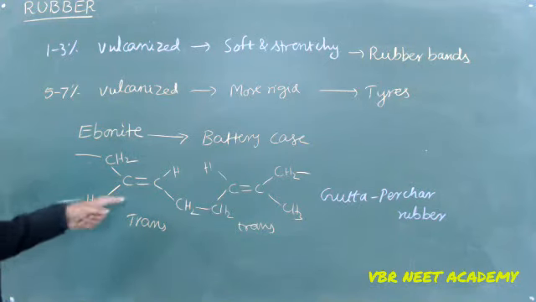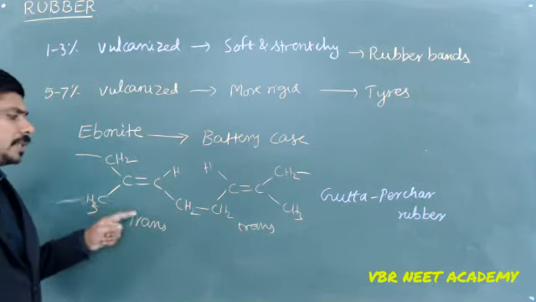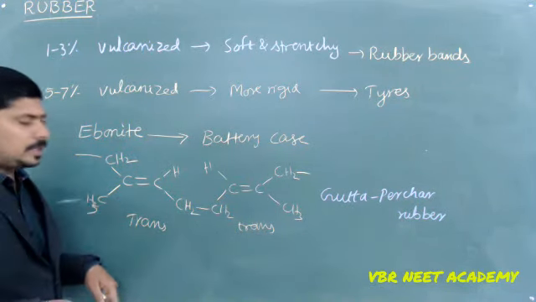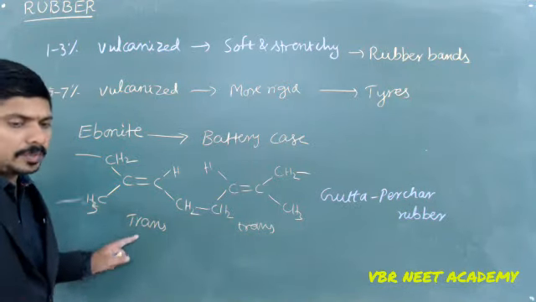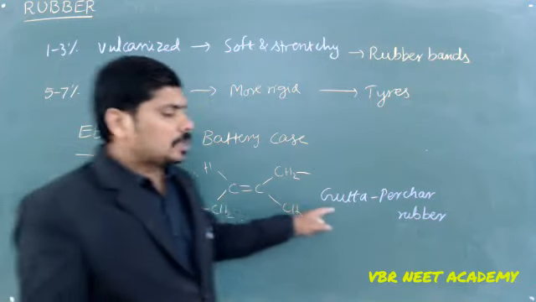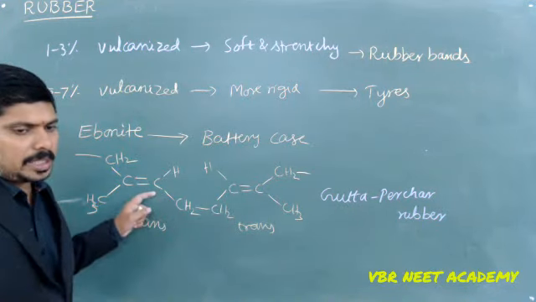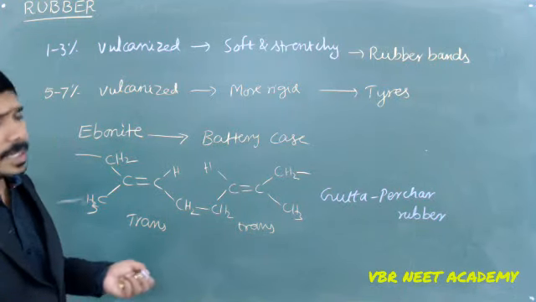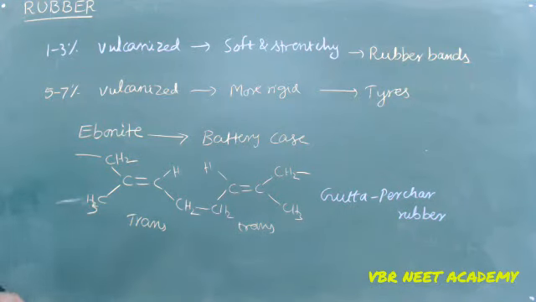Earlier I said, all CH2s on the same side is called cis polyisoprene, which gives you the natural rubber. But a small segment of rubber existing in trans configuration is called gutta percha rubber. That is one special name we are giving it, we are supposed to remember it. Understand? These all come under natural rubber.